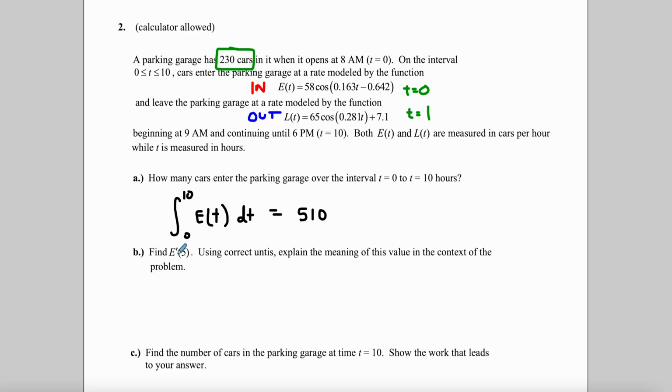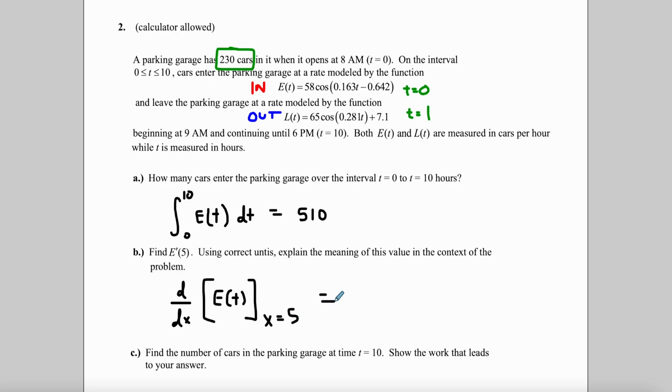Now it wants E prime of 5. E prime of 5 is going to be a math 8 situation. So I'm going to go ahead and math 8 E of t, and then I want that at x equals 5.